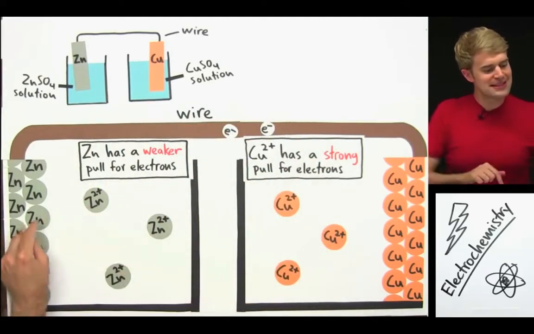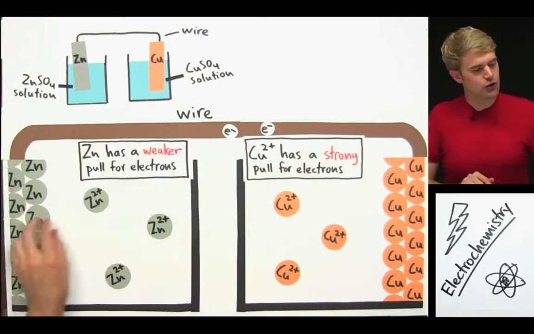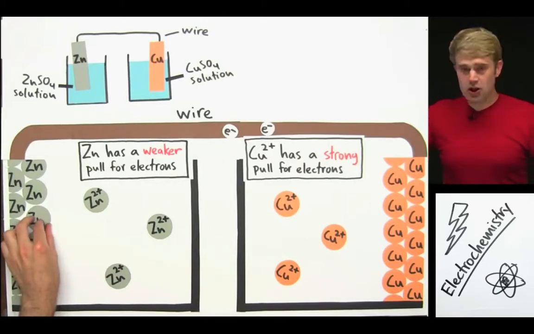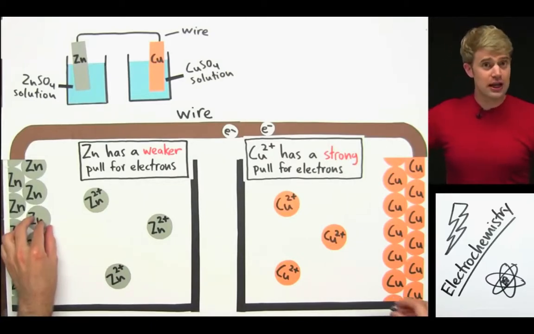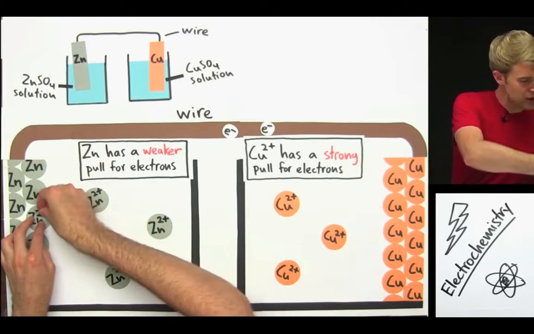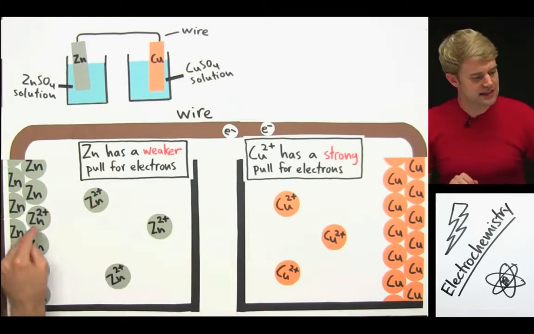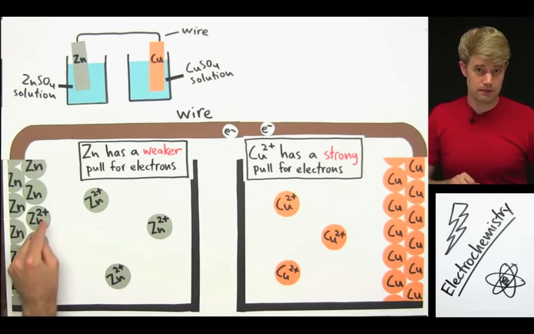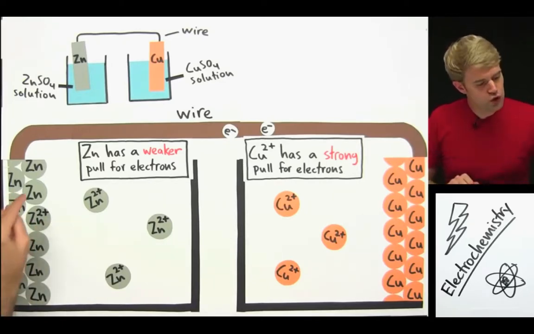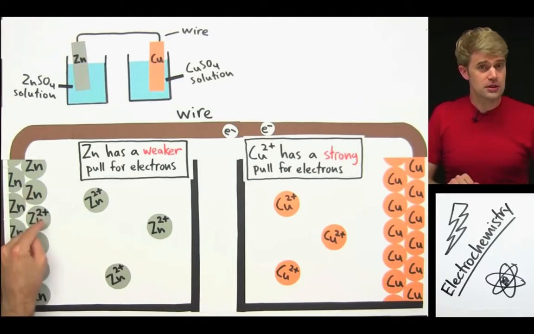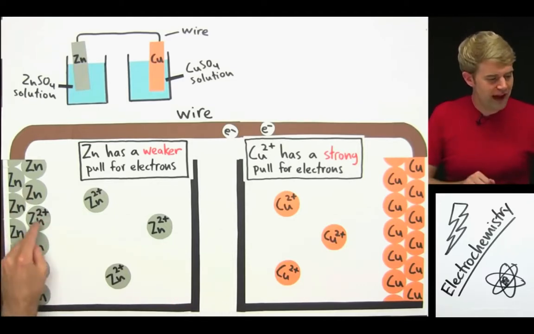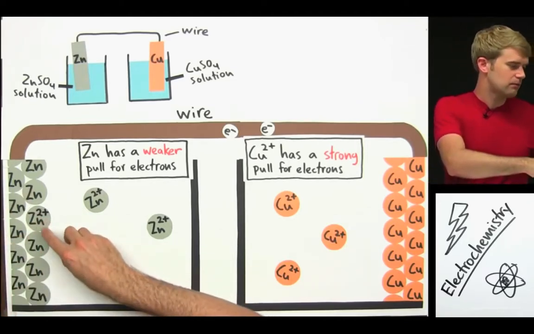Now, when zinc gives away those two electrons, it causes its charge to change. It's lost two electrons, so it gets a positive charge, and it becomes Zn2+. Now, changing from neutral zinc to Zn2+ has a big effect on this atom.